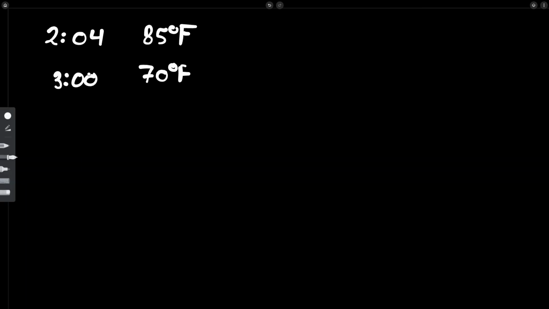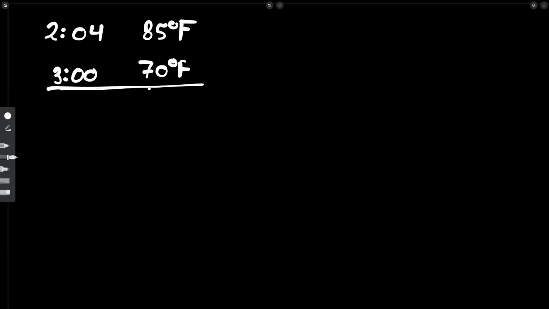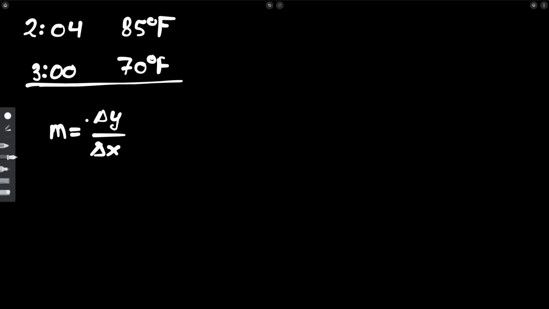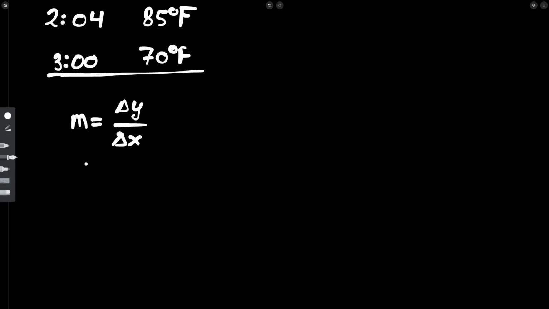So I'll simply state it again: at 2:04 it's 85 degrees, and the manager says that it won't become 70 degrees until 3 p.m. So we need to calculate the number of minutes that have passed from 2:04 to 3, and the temperature change, and we can use the rate of change formula, delta y over delta x, to calculate the slope of a line, and then we can find what it is at 2:15. So the difference from 2:04 to 3 is 56 minutes.